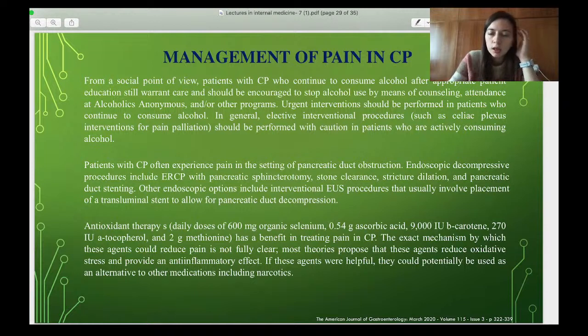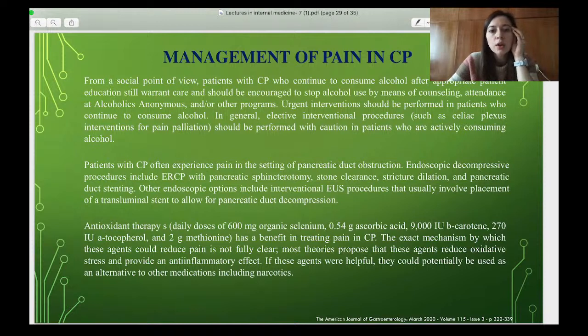And management of pain may contain antioxidant therapy, and antioxidant therapy has a benefit of treating pain. The exact mechanism by which these agents could reduce pain is not fully clear.